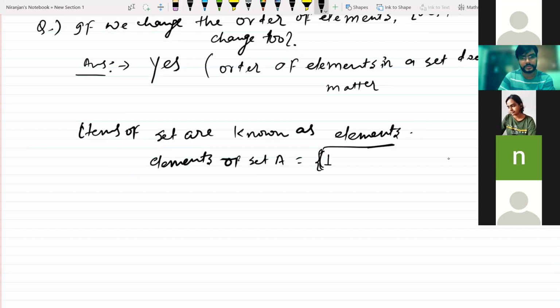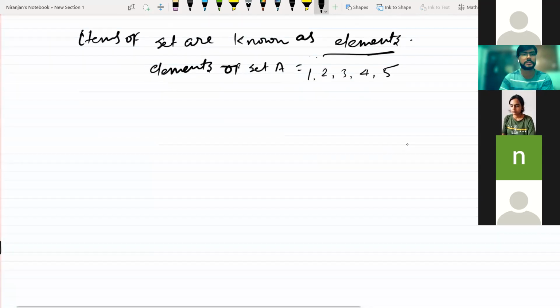I'm sure many of you already know. The elements of set A are 1, 2, 3, 4, and 5. I'm not using curly braces here, because that way it means a set. So make sure that you write mathematically correct.